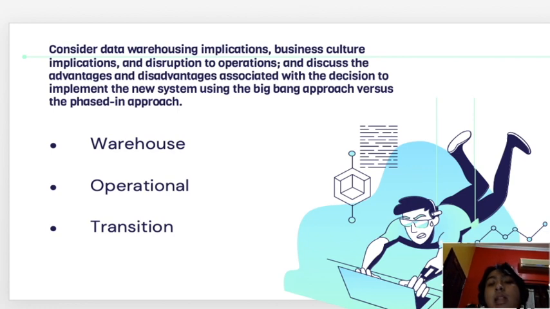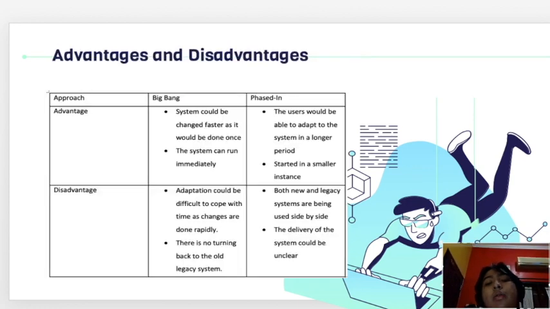And lastly, it's the advantages and disadvantages of these two approaches, as it relates to the previous discussion about these changes within the DMV. So the Big Bang has the advantage that the system could be changed faster as it would be done once.